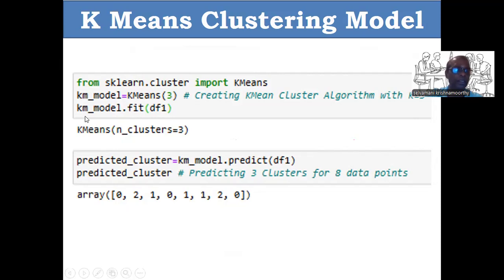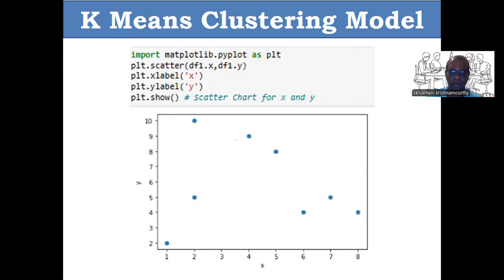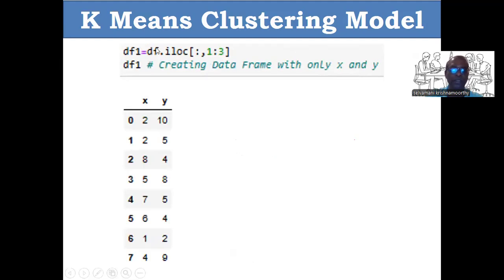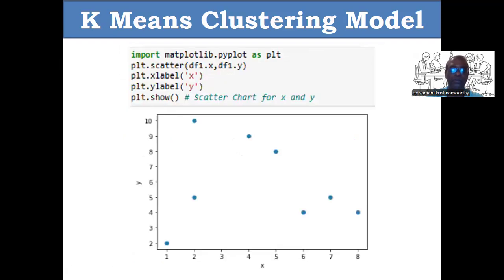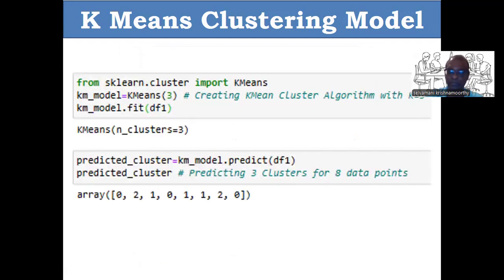Good. km_model.fit. I train with all the inputs, no output. See, in the previous supervised case we had to give input and output, but here df1 is enough: X and Y, all 8 data points. df1 means 2 columns, X and Y. All 8 data points I gave to the system to train.